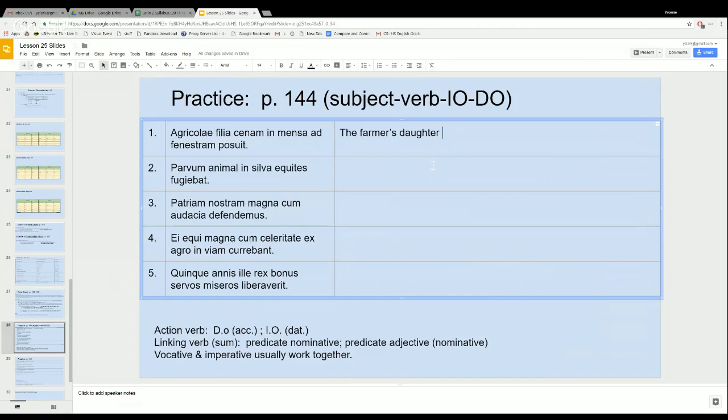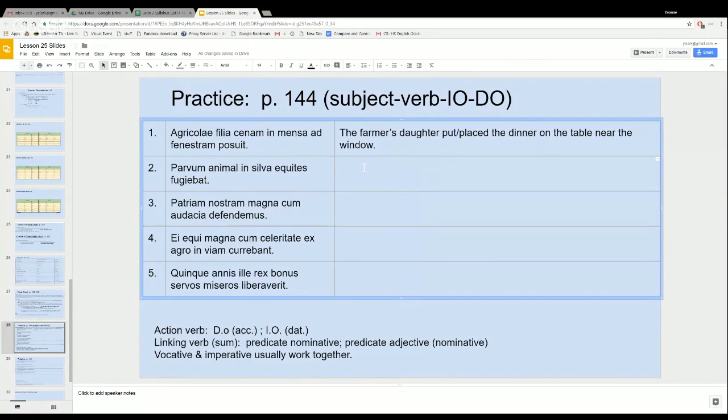You remember this one? Very good. So put, or you could say place, the dinner on the table towards the window. Toward or near the window. Excellent.